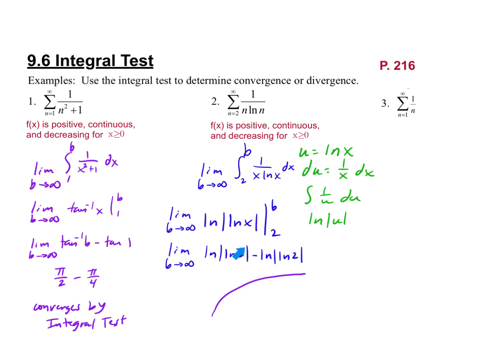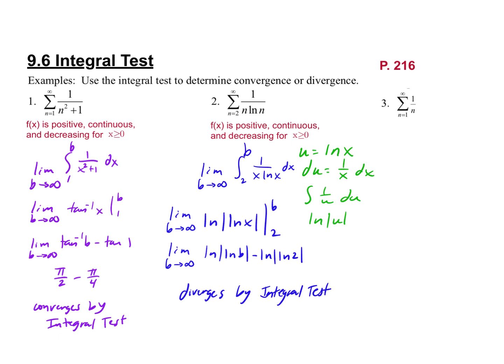And so this is going to keep increasing and increasing and increasing, and it will be unbounded, which means the limit of this does not exist, or you could say infinity. Either way, it diverges by the integral test, okay? And so this series diverges because this limit, the integral of this, diverges, okay?